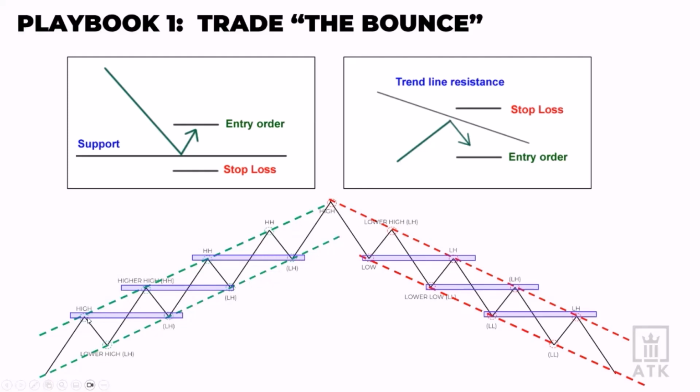When we see multiple bounces off of a trend line, then the next time it comes to that trend line, we can predict that it's going to bounce off and take that. And so we trade the bounce off the trend line, where we enter the order off the trend line and put our stop loss just above that peak, above or below, depending on where the trend line is. So this play is called the bounce, where we're just bouncing off a structure in the opposite direction.